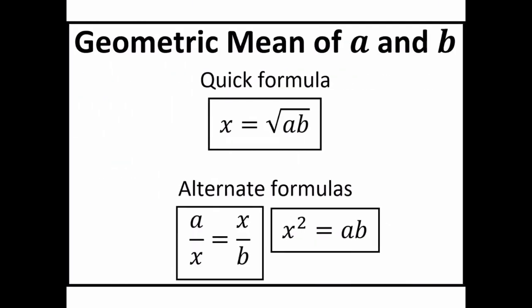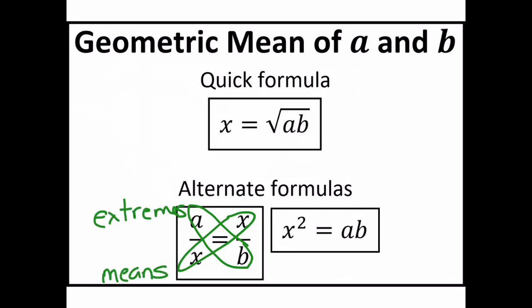All right, so let's go ahead and work on a geometric mean. We were doing proportions earlier in this quarter, and you may have noticed that when we do our cross product property, those are known as the means and the extremes. So for our geometric mean, this is the kind of mean that they're referring to.